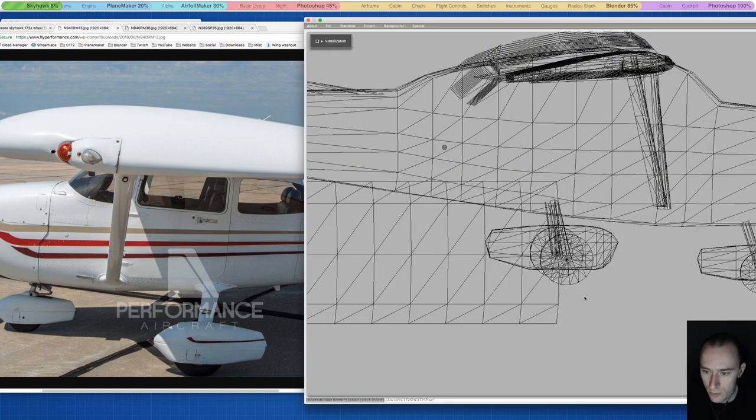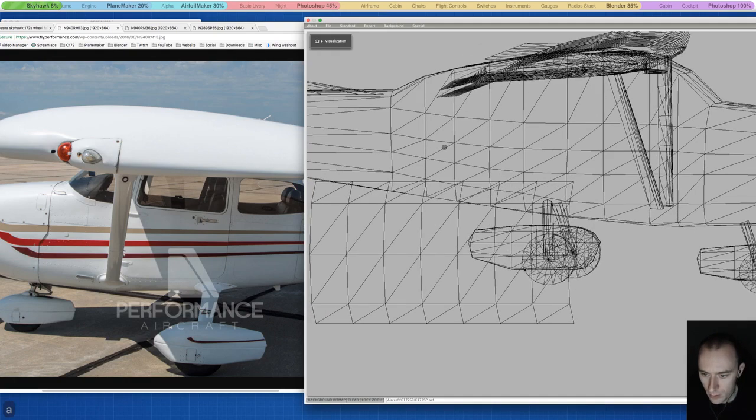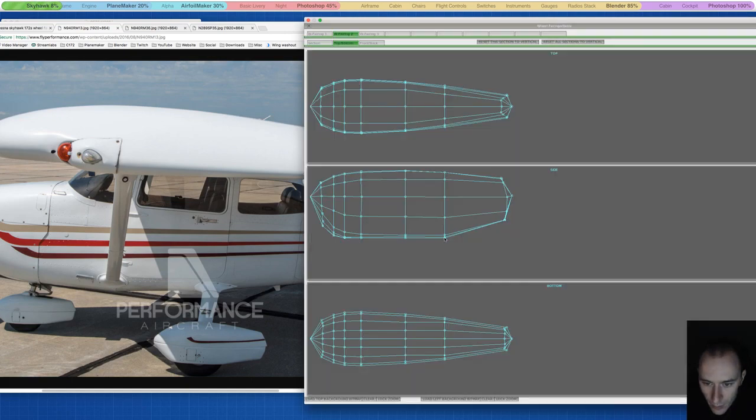What about the wheels? Can be a little bit closer to the wheels. Okay.